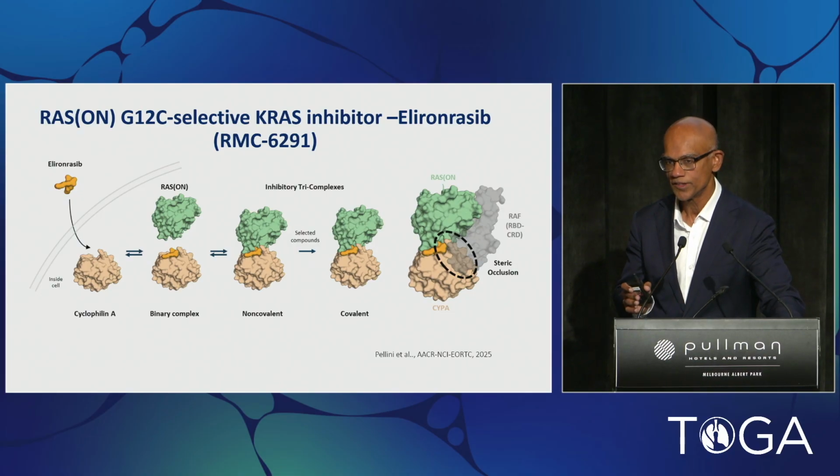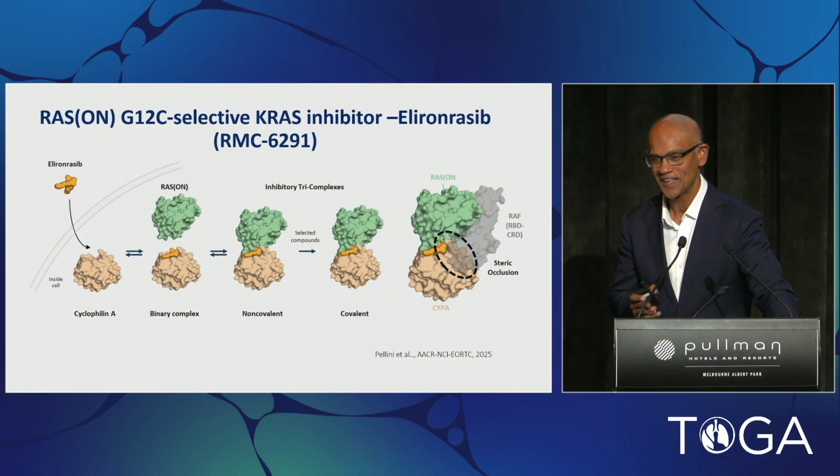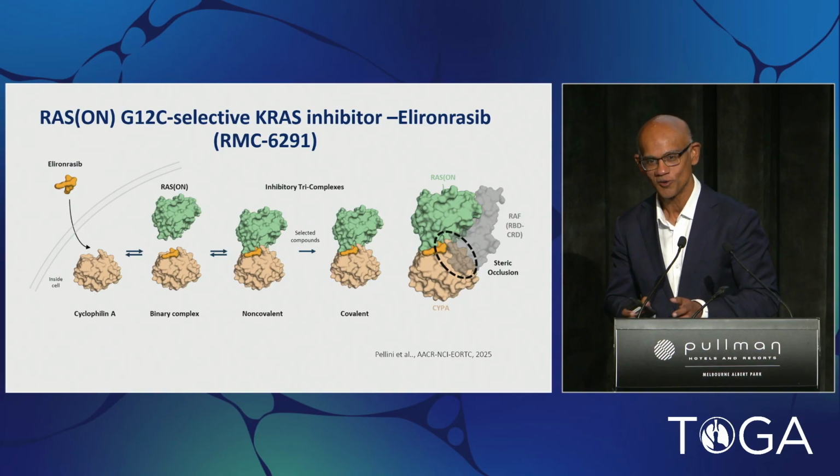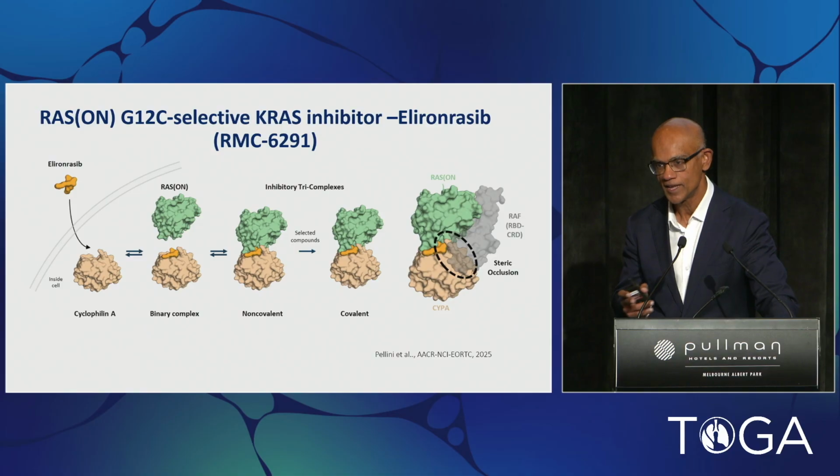Now, it works in a very similar way. Those of you who were at ASCO or understand on Instagram saw the standing ovation at the ASCO plenary of daraxonrasib, which is the pan-RAS inhibitor, which works essentially in an identical way to this drug.